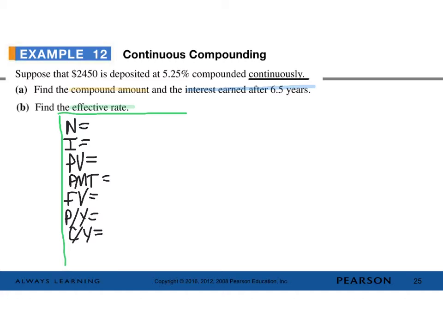With the TVM solver, I'm going to skip over what N is first. We're going to fill in the other amounts. The compound amount is actually the future value, which we're going to have to solve for. The present value is the $2,450.